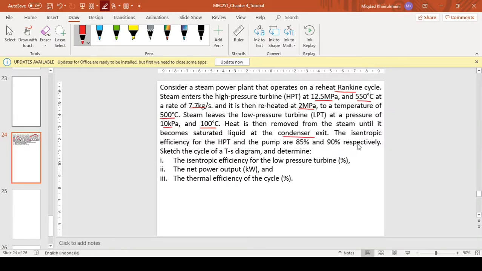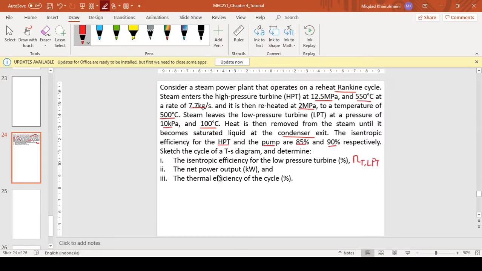Okay, so we have here the isentropic efficiency for the high pressure turbine 85% and also the pump 90%. So sketch the TS diagram and determine number 1 the isentropic efficiency for the low pressure turbine.